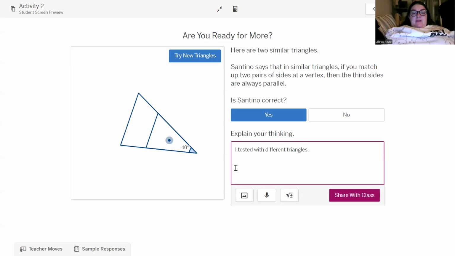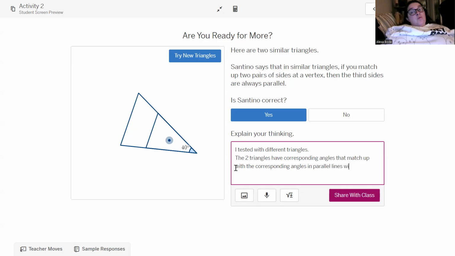You could say that the two triangles have corresponding angles that match up with the corresponding angles in parallel lines with a transversal.